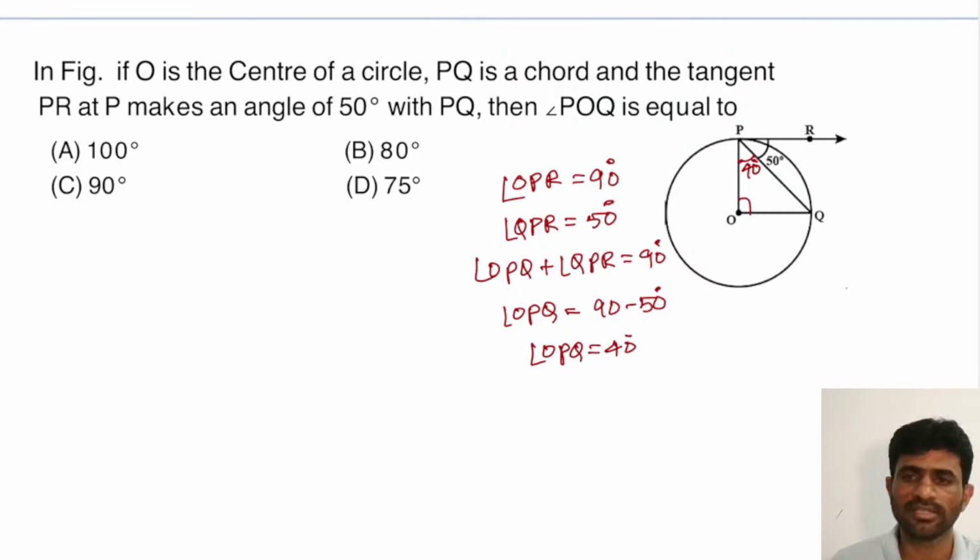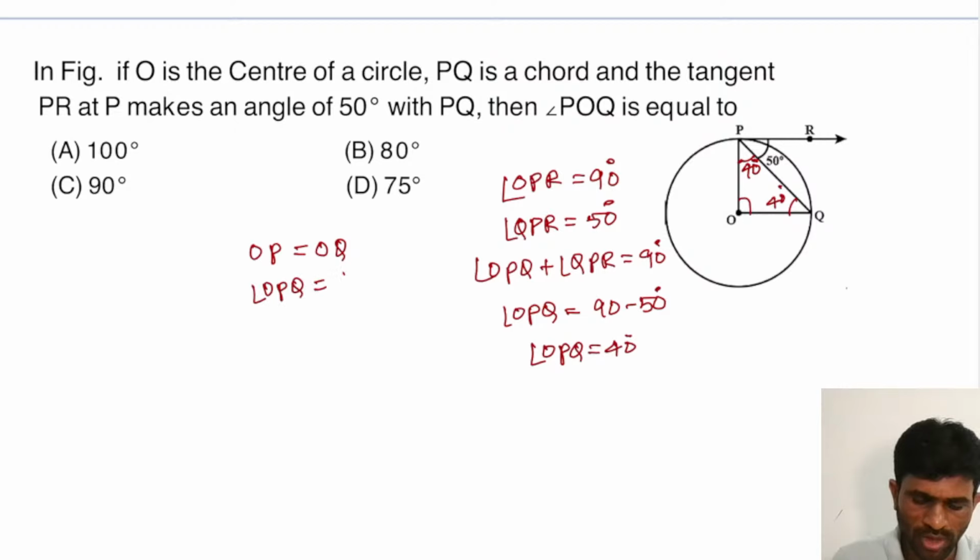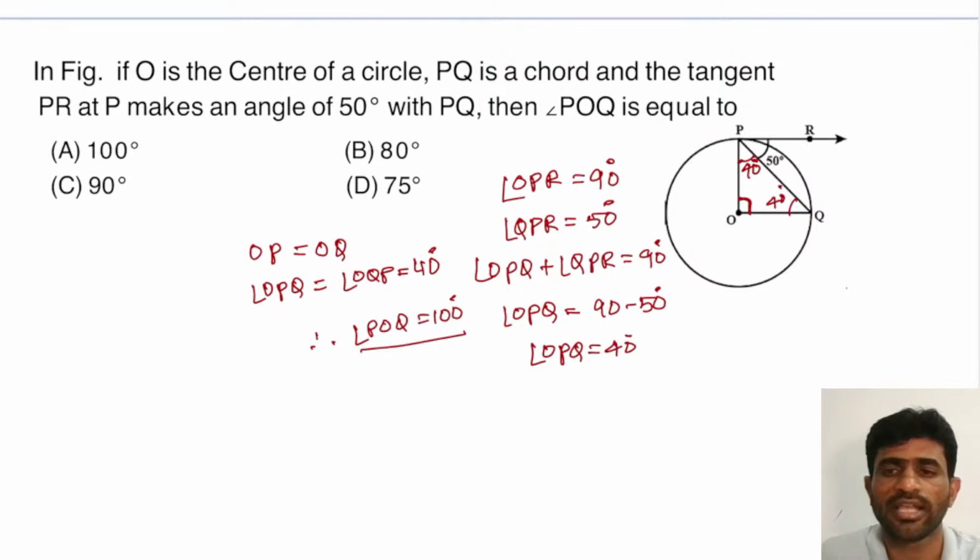If that is 40 degrees, this is also 40 degrees, because OP is equal to OQ. So angle OPQ is equal to angle OQP is equal to 40 degrees. If these two are 40, 40, what about angle POQ? Therefore angle POQ should be 100 degrees, because the sum of three angles in a triangle is 180 degrees.